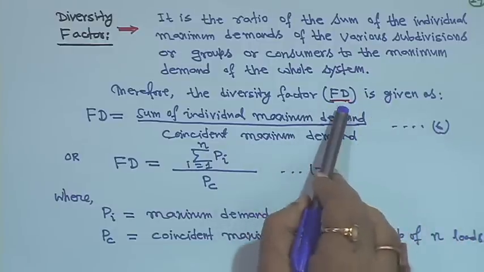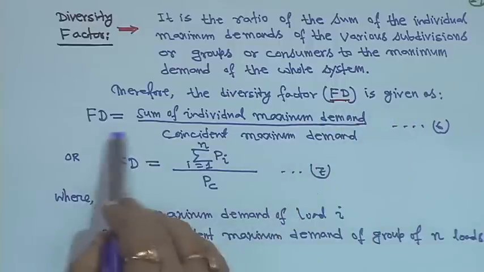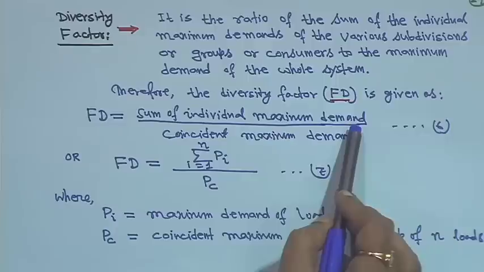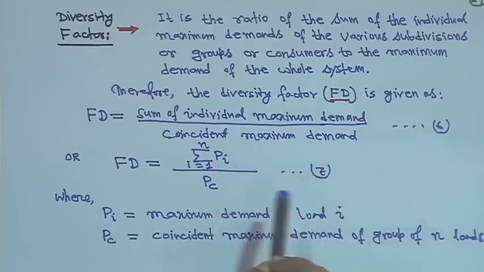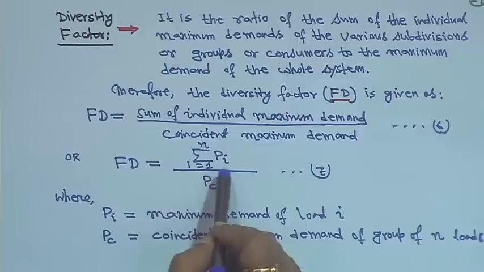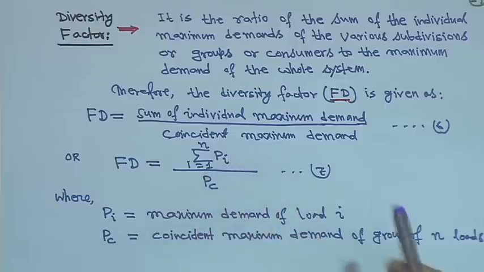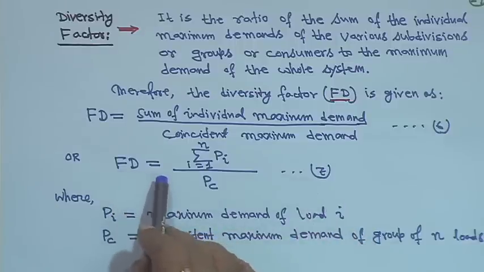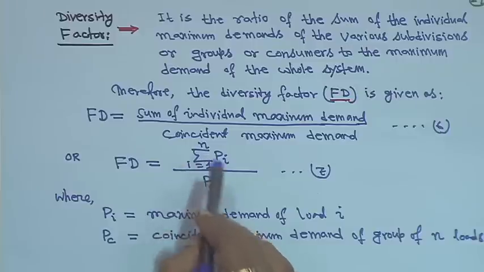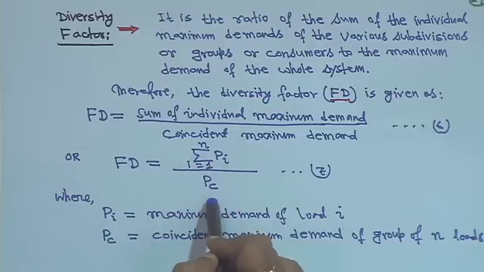So, the diversity factor with the term FD is given as FD equal to the sum of individual maximum demands divided by the coincident maximum demand. Suppose individual maximum demands are P1, P2, P3 like this, for individual consumers. The diversity factor FD is equal to the sum from i equal to 1 to n of Pi divided by Pc.